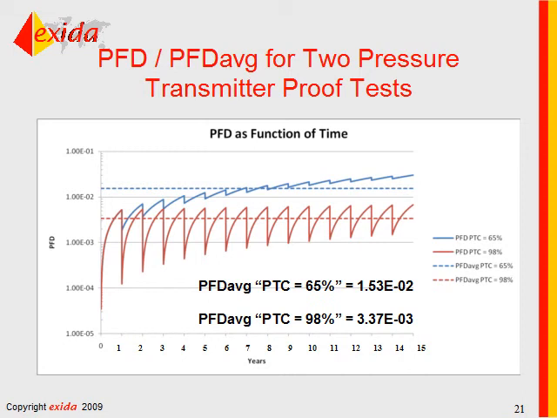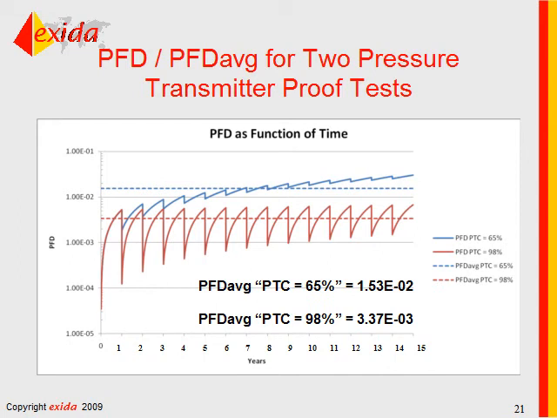Now, keep in mind, this is just one device of an entire safety instrument function, so we shouldn't be really concluding any SIL levels based on this calculation, but let's assume that the pressure transmitter is the limiting device, that the final elements and the logic solvers are both in the order of, let's say, 10⁻⁴ probability of failure on demand, then you could see that the effectiveness of your test will change your SIL level by an order of magnitude.